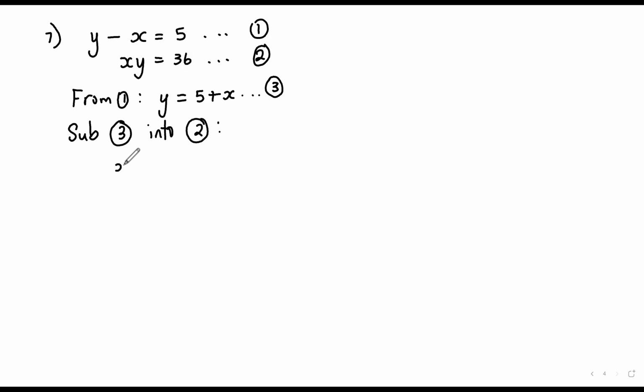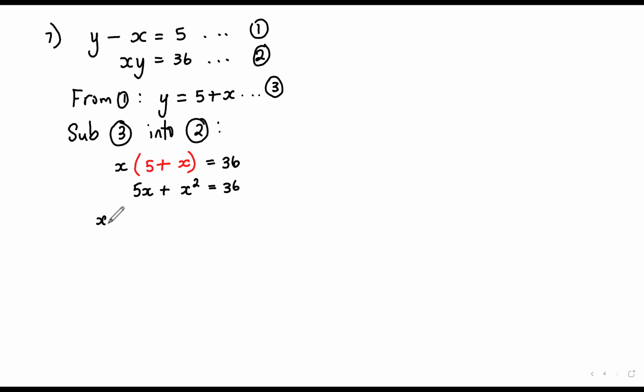So here it'll be x multiply by 5 plus x, because that's what y is equal to. So we have x times 5 plus x is equal to 36. So then x times 5 is 5x, and x times x is x squared. All of that is 36.